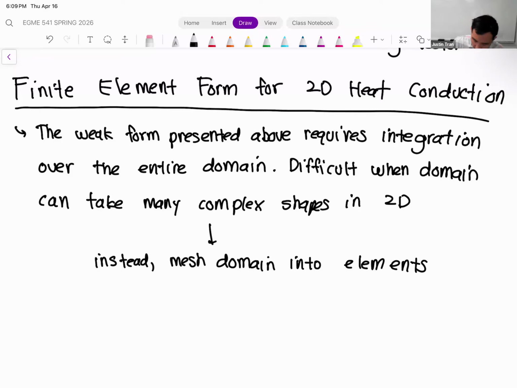And hopefully the idea is that all of those elements have the exact same shape, so they're either going to be triangles or rectangles. Then for each element, we can consider each element to be its own little miniature domain, and so we're going to apply our weak form to each of those elements.